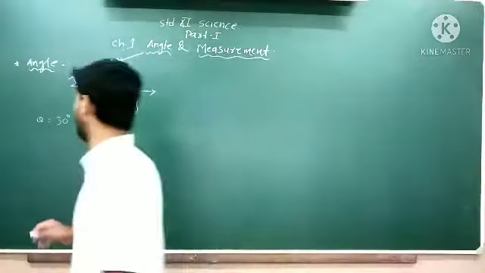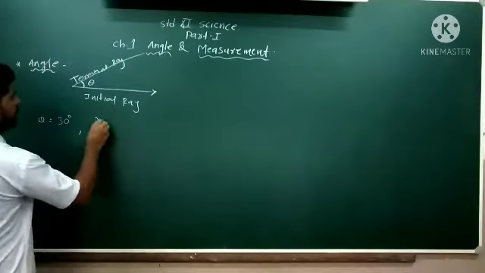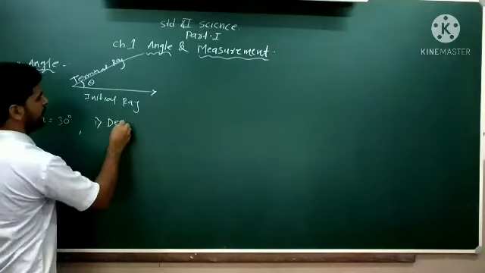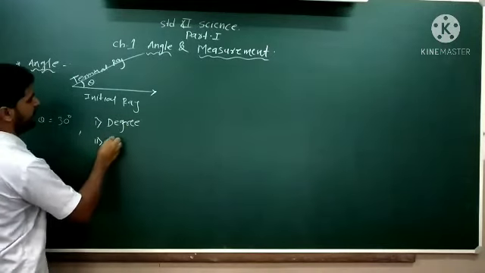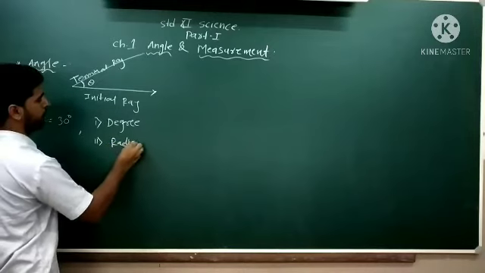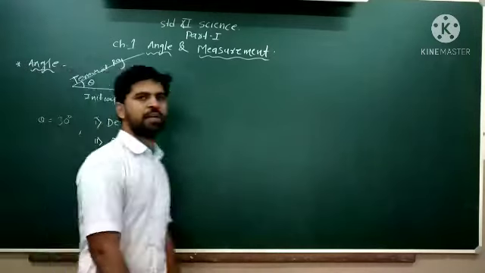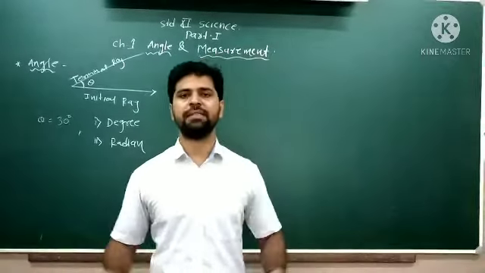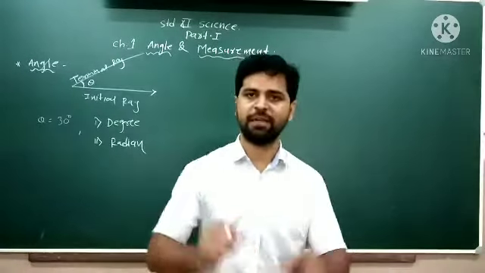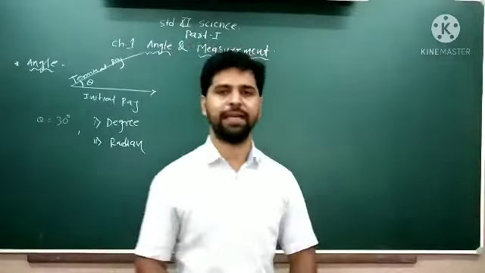The first way, you know, is degree. Any angle you have already seen in degree, and another way is in radian. Degrees and radian. Now what is the radian here? Radian means the angle which is expressed in terms of pi is known as radian, right?